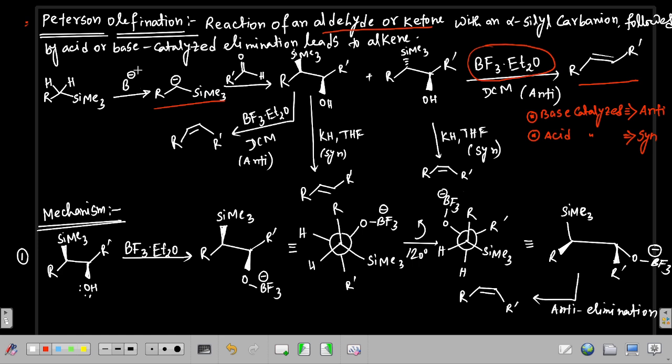In the presence of base, it will abstract the proton from the silyl carbon, and it leads to the formation of alpha silyl carbanion.